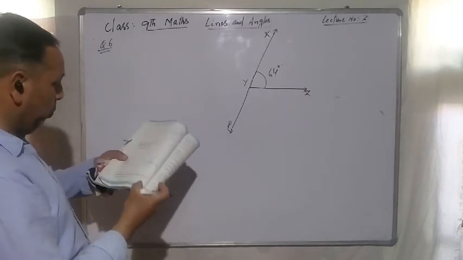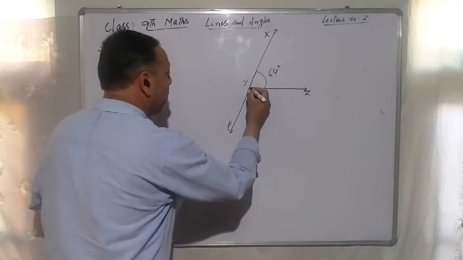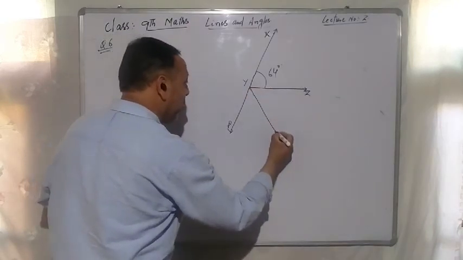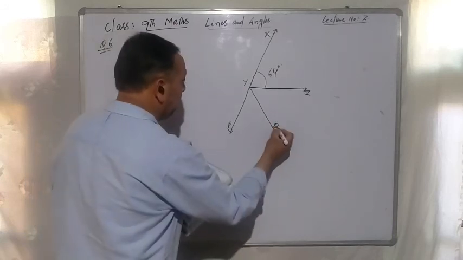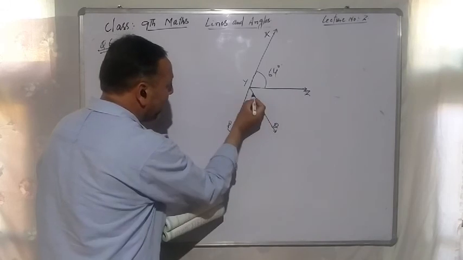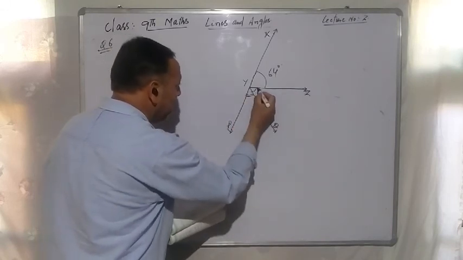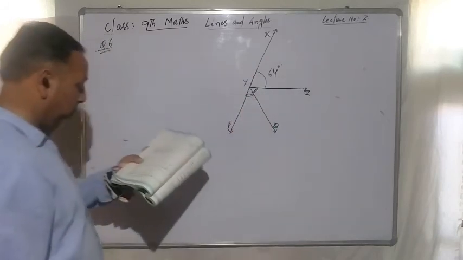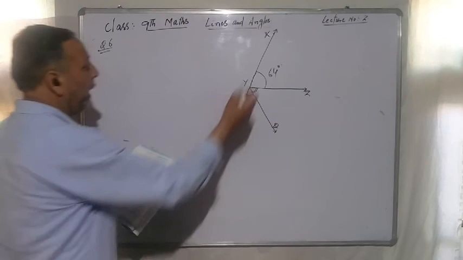If YQ bisects angle ZYP, angle ZYP is bisected by another ray YQ. This YQ bisects, so that means this angle PYQ will be equal to this angle ZYQ. Then find angle XYQ.